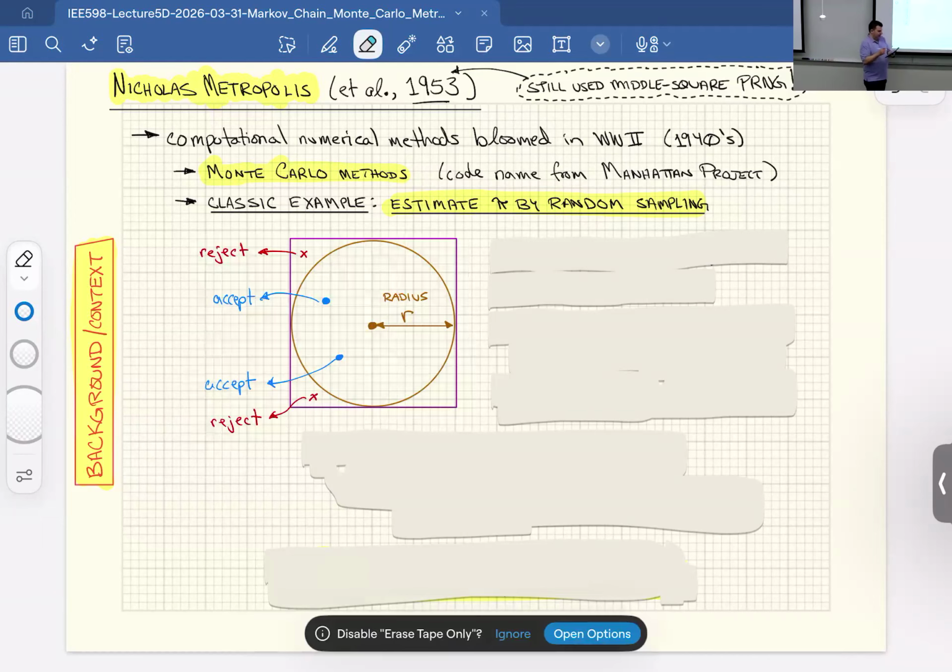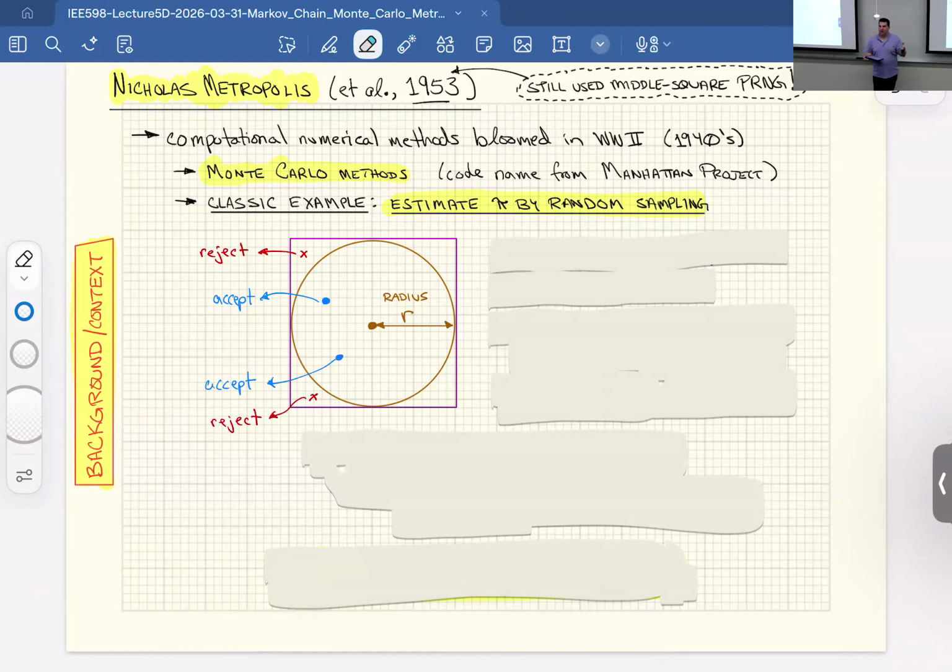The thought was, if you think about it geometrically, let's imagine that we have a circle, like a dartboard on the wall. If you were to throw darts at that circle, you can count how many fall inside the circle and how many fall outside. You don't even have to have a perfect circle, but numerically, we know what it means to be inside and outside a circle, even if we can't build a perfect circle in real life.